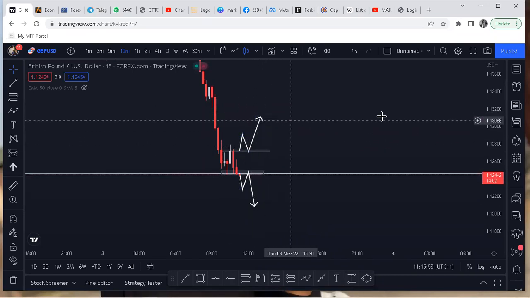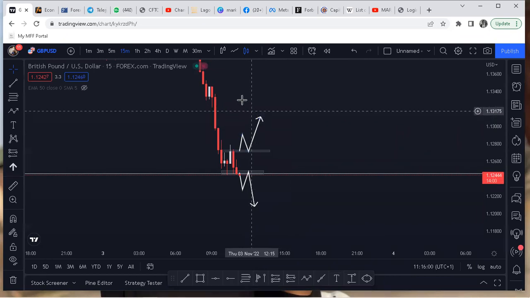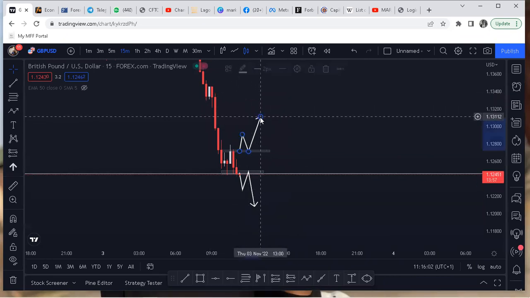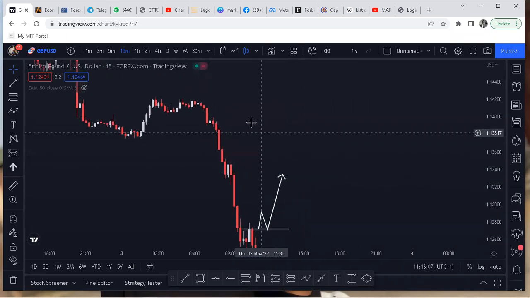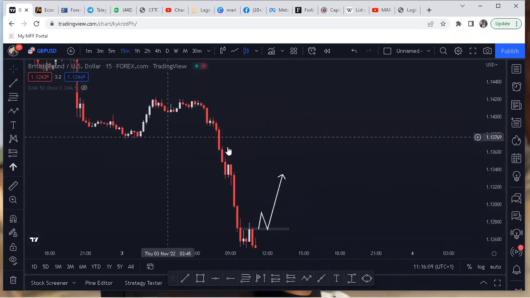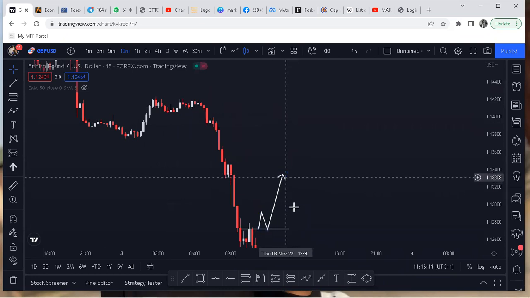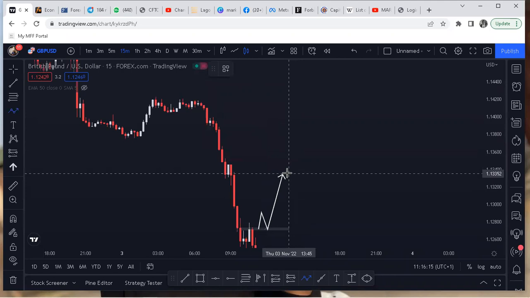And when we are buying, remember what we are saying, this will be our first TP level at this zone. Our next TP level probably at this resistance here. Next TP level will probably be from here to here.